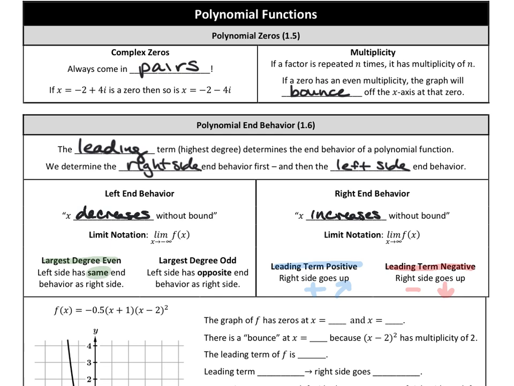So if the right side went up, left side goes up. If right side went down, left side goes down. If the degree is odd, like 1, 3, 5, 7, the left side has to go opposite. So if the right side went up, left side would go down. If right side went down, left side has to go up. That's end behavior.